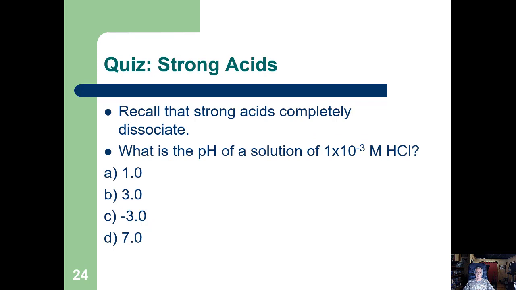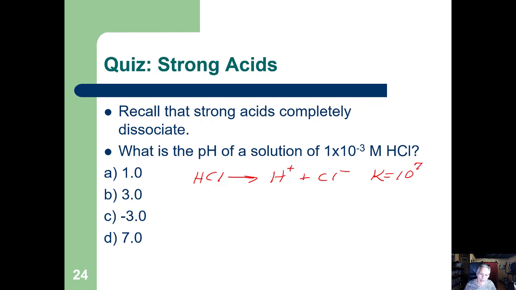So taking a look at that, recall that strong acids completely dissociate in dilute solutions. What is the pH of a solution that's 1 times 10 to the minus 3 molar? Well, here's the deal, guys. If this is my acid, HCl, which is a strong acid, it virtually completely dissociates. I can't remember exactly what the K value for this is, but it's on the order of 10 to the 7th.